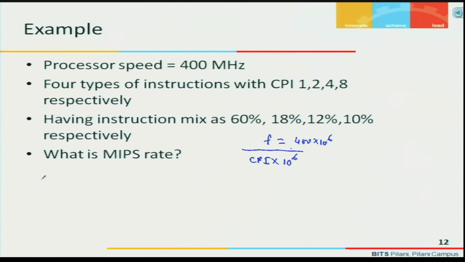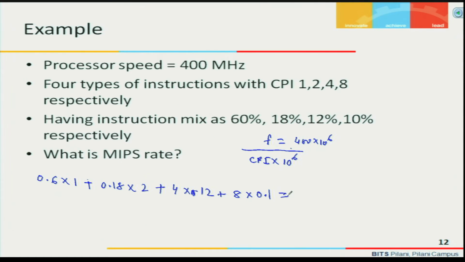So, I say 0.6 into 1 plus, for the second type of instruction, the CPI is 2 and the proportion is 18%, so 0.18 into 2, plus 4 into 0.12, and finally 8 into 0.1.